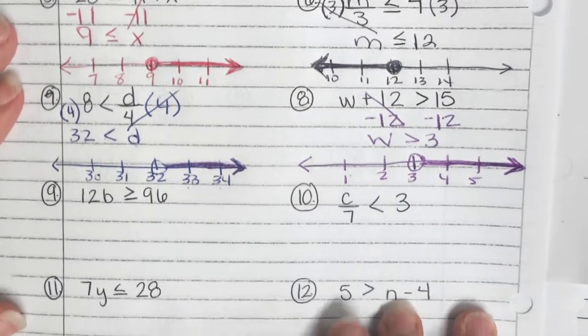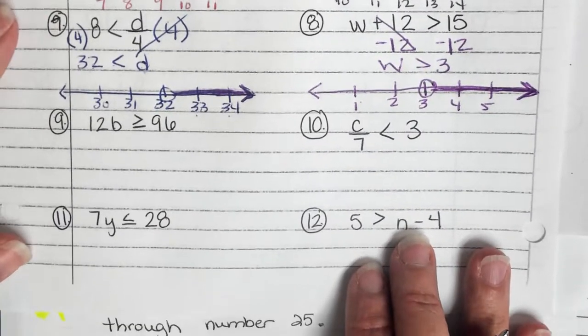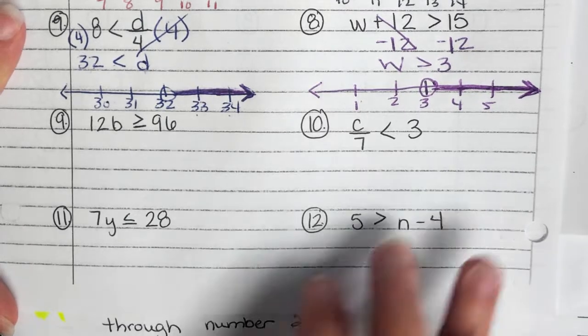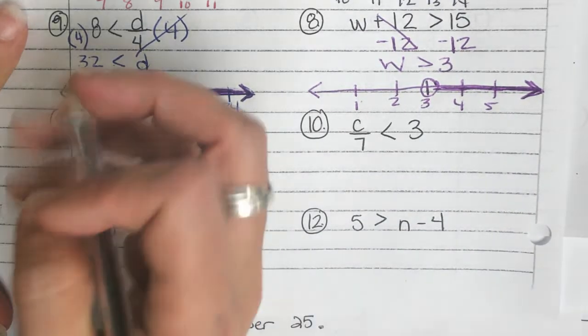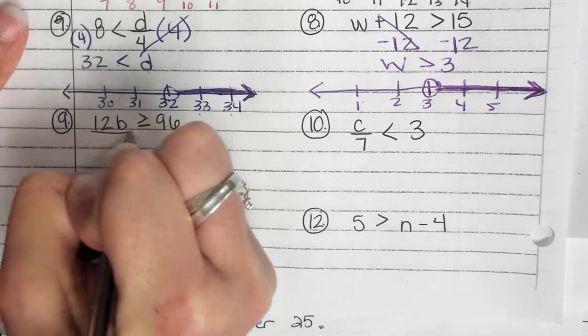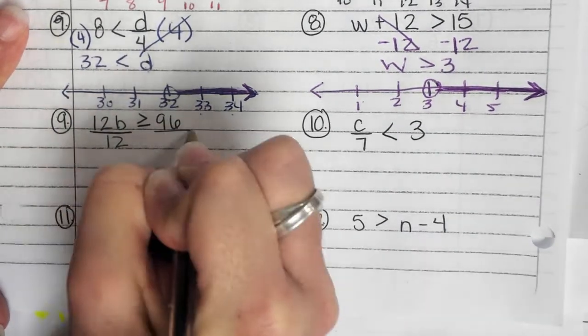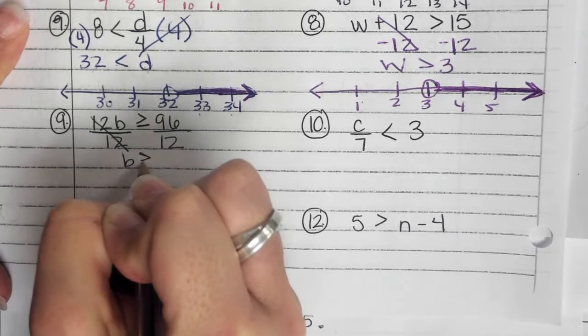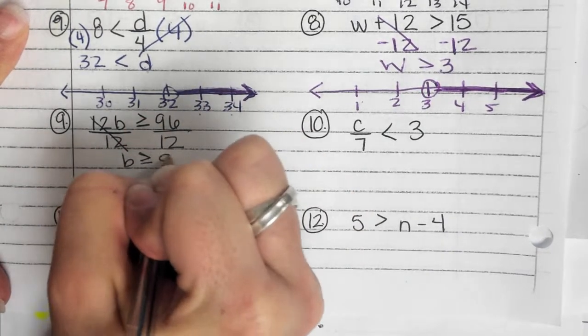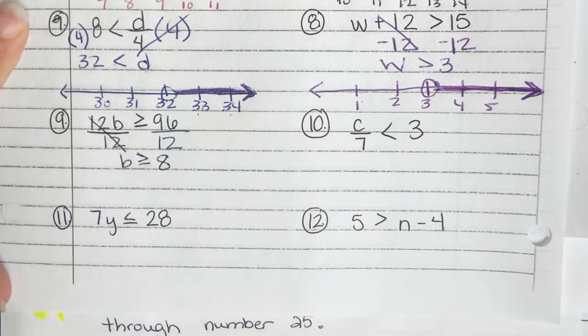This group knows I've been going kind of slow as I went over these, so now I'm just picking up the pace because I think they got it. 12b is 12 times b. The opposite is divide by 12. Leaving me with b being greater than or equal to 8. Switching pens again.